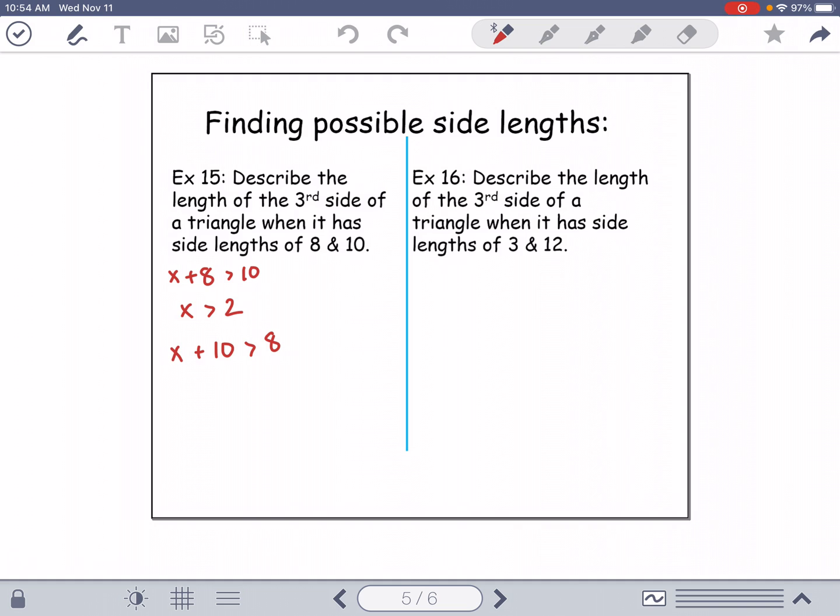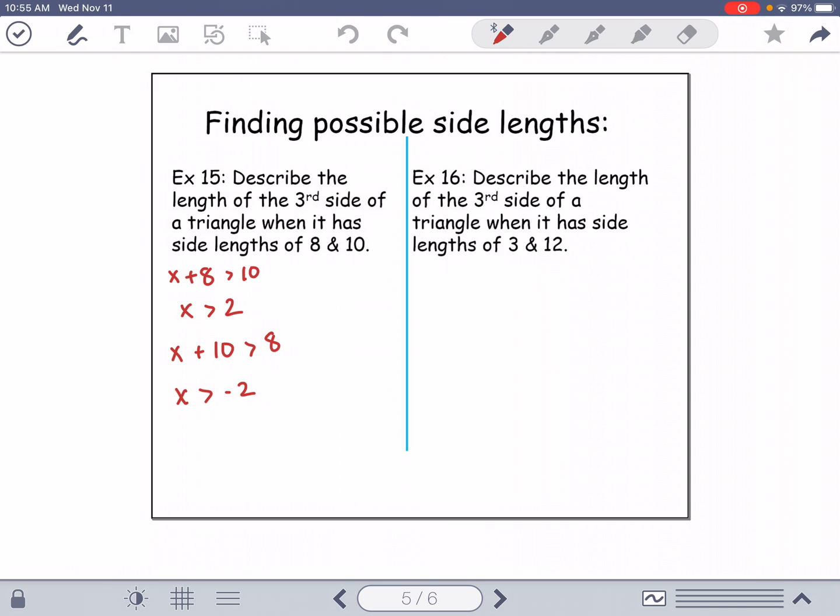So x plus 10 greater than 8 would give you x greater than negative 2. Okay, so that's what happens if I add the missing side to the 8 or the missing side to the 10.